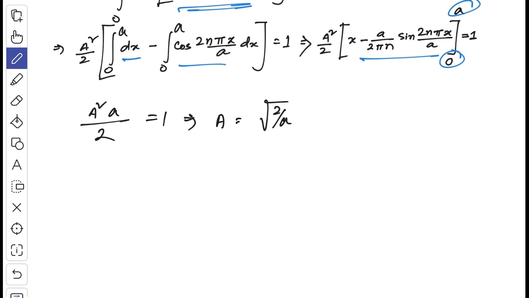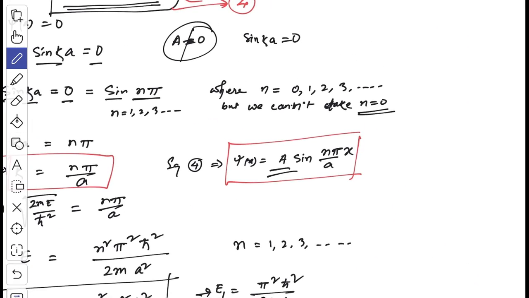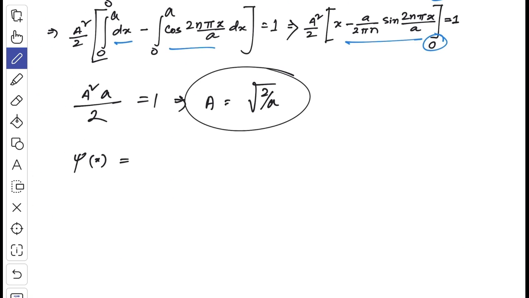Therefore psi of x, if you put this value of A here, then what you will get is psi of x is root over 2 by a sin n pi x by a. So here you see, this is the normalized wave function.